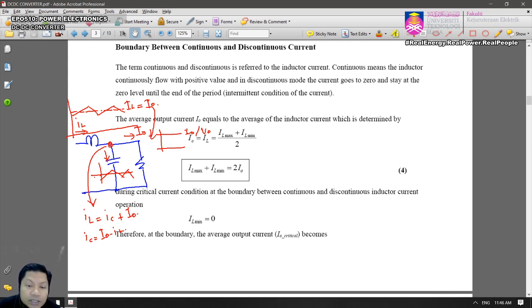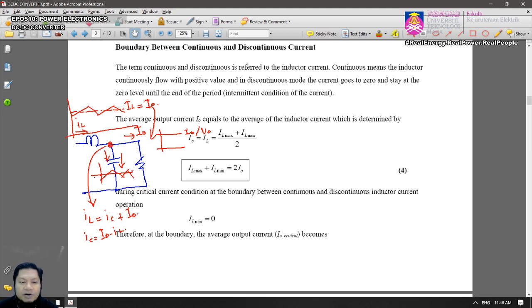So there is a constant current at the output, and apart from that, this IL has the ripple current. So that ripple will be pushed into your capacitor. So this is your inductor current; it removes the ripple, leaves the average through the output, and therefore if you look at the current at the capacitor, there will be a ripple current.